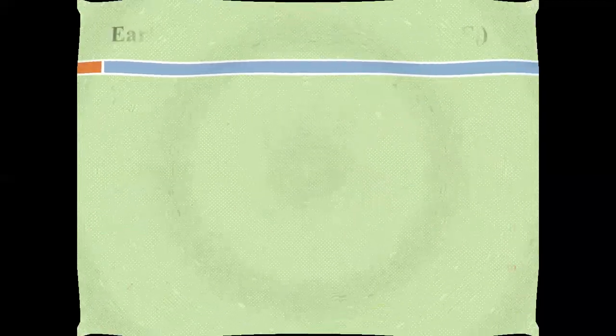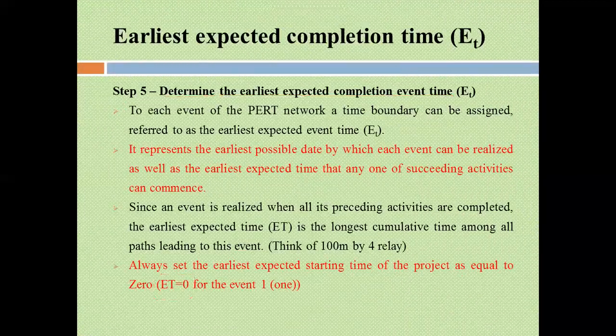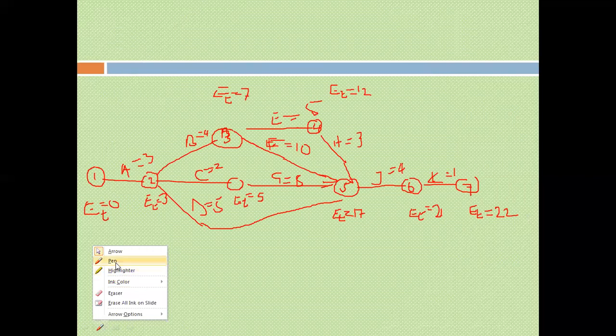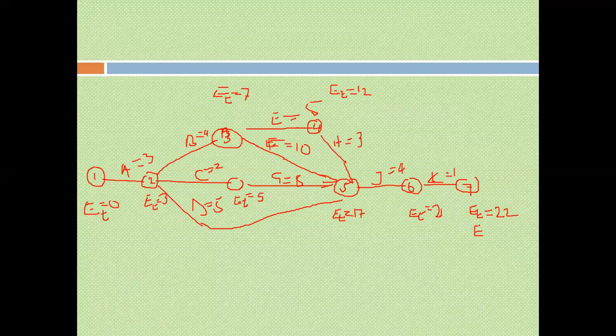So when you set it yourself, you come here. Let's assume we set it at the same time that you want to complete it in 22 weeks. This L, the latest allowable time, should be L. Now, when we are working backwards, you take this and subtract.